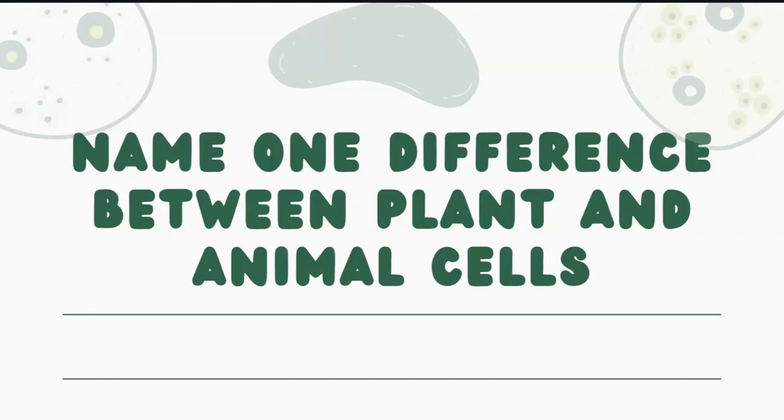I don't know what you said, but I know one difference between a plant cell and an animal cell. Okay. Plant cells have a cell wall, and animals don't have a cell wall. Yes, that's one of them.